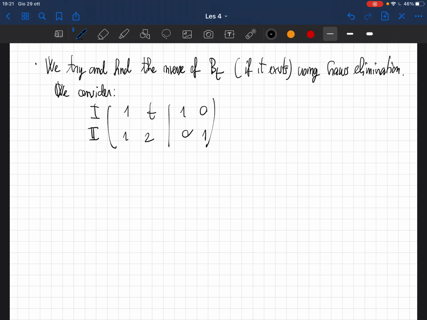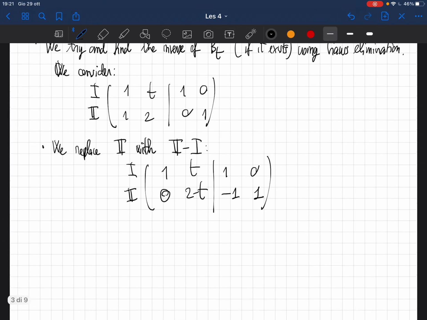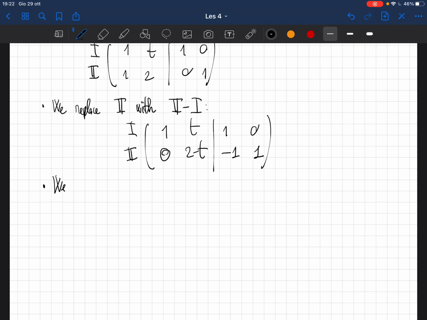Okay, 2, minus t, minus 1, 1. Okay, here it's important we assume t is different from 2, and divide.